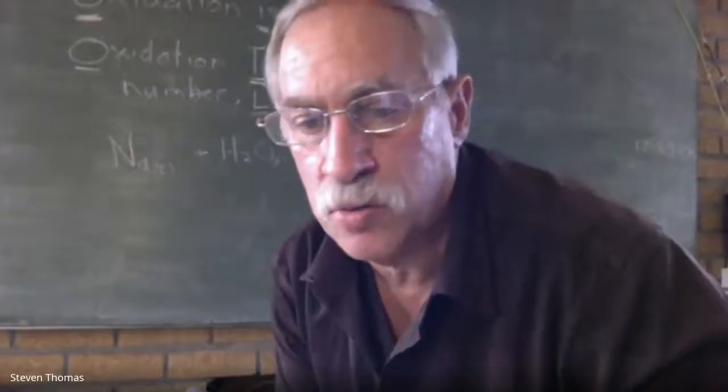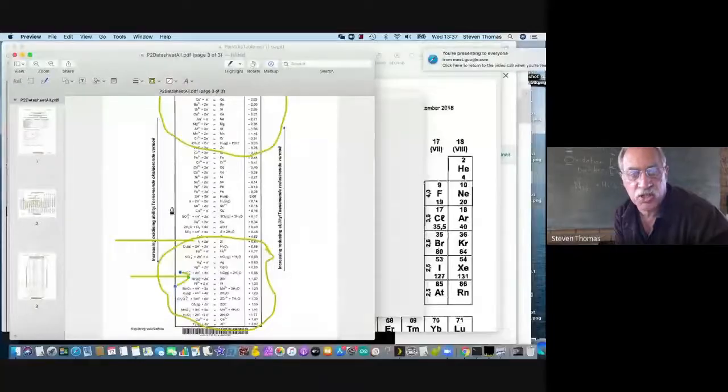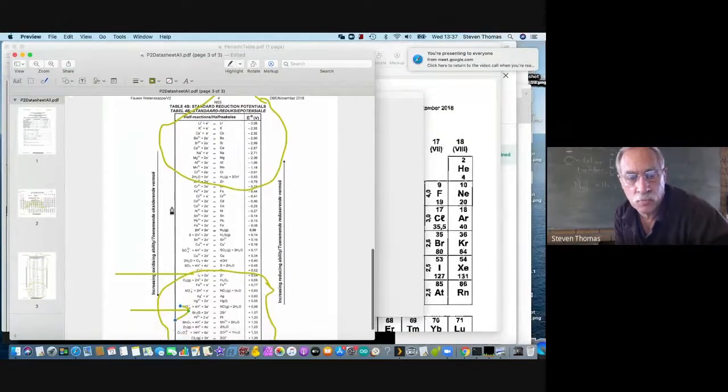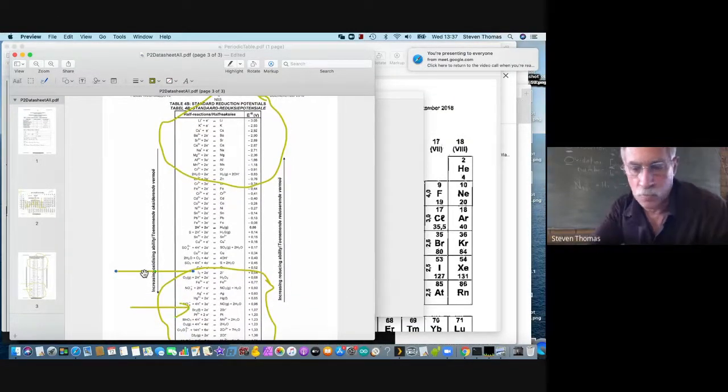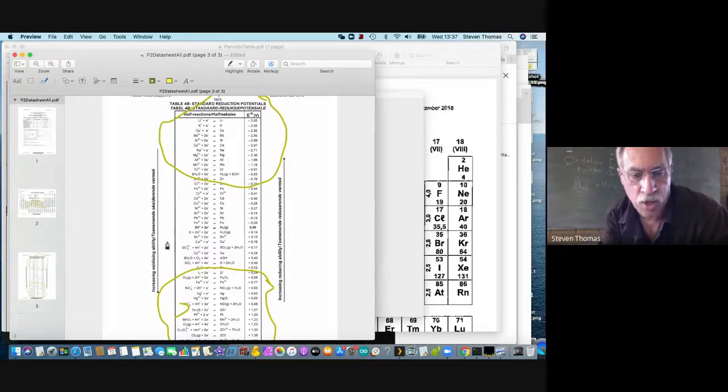So we go to the sexy table. Let's find sodium and hydrogen. Okay, hydrogen always sits at naught. There's hydrogen. Where's sodium? There's sodium.